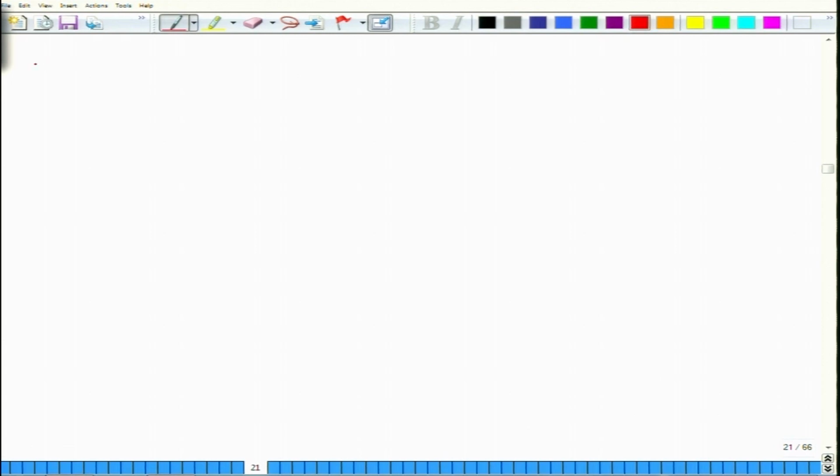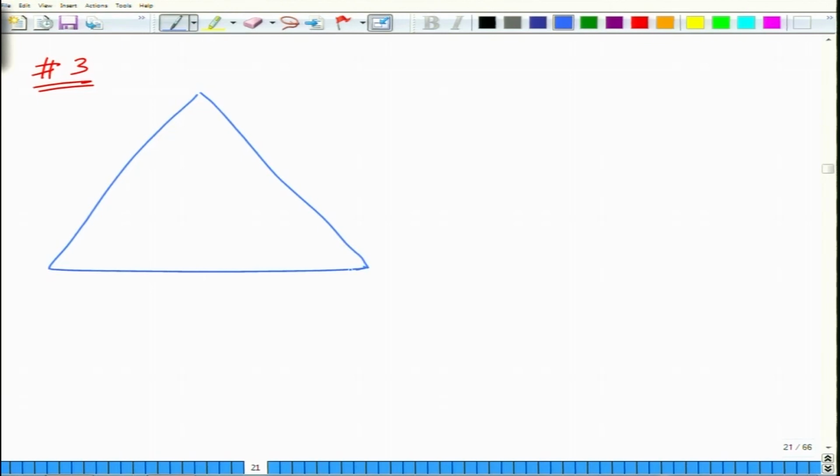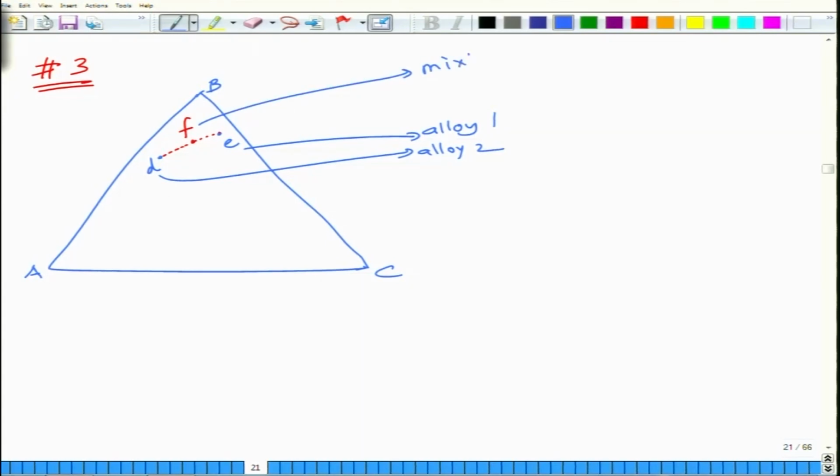And the third rule that we have is, you have an alloy A, B, C. If you have two alloys, let us say one whose composition is D, another whose composition is E, then the resultant alloy composition will fall on a straight line joining D and E, and the mixture will have a composition F. So D is alloy 1, E is alloy 2, and F is the mixture.